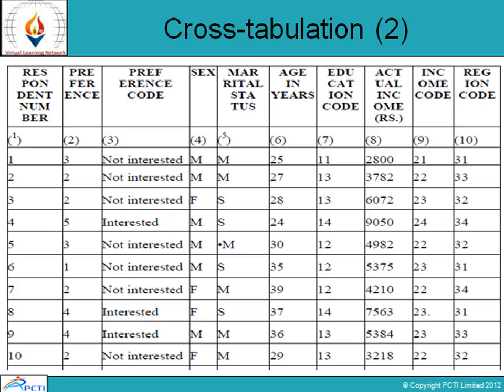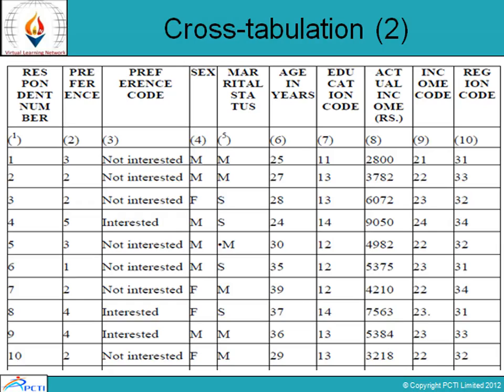Then their marital status in column number 5. Column number 6 contains their age in years. Column 7 is a code of their education. In column 8 they have their actual income. Then column 9 contains their income code, and lastly column 10 contains their region code.